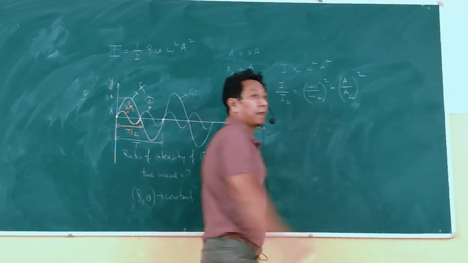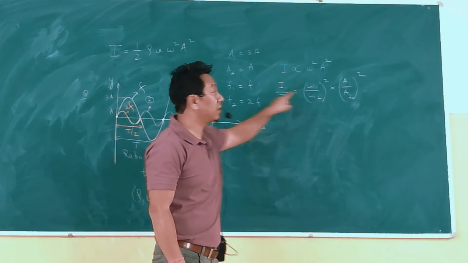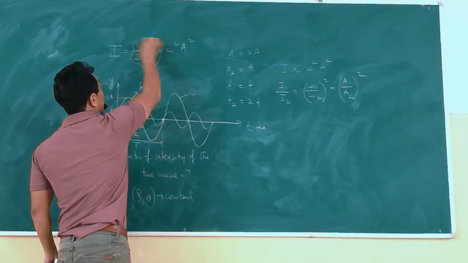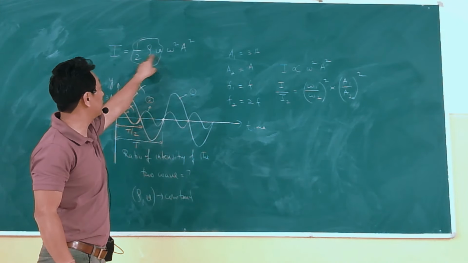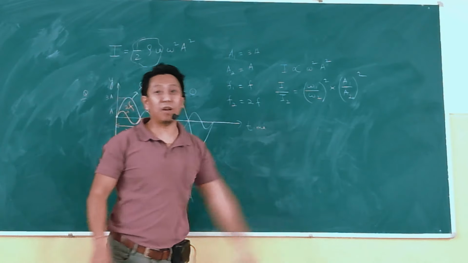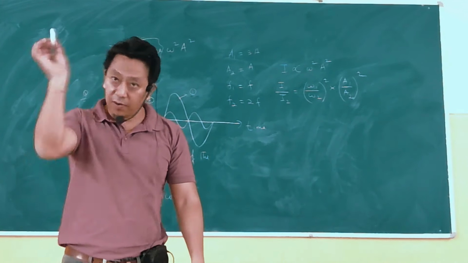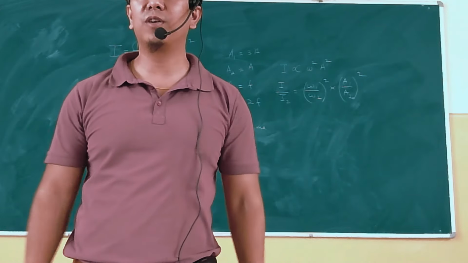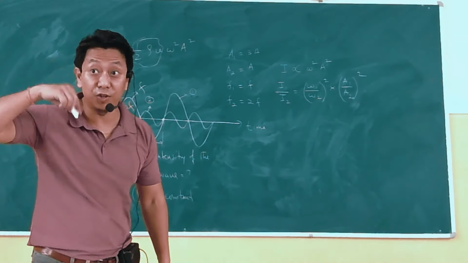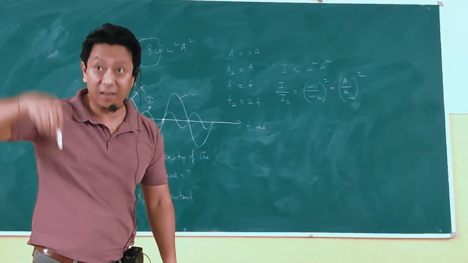Correct? Now tell me, when I wrote this, why did I not write the constants? Actually in the formula of intensity these three are also there. They will cancel if you write them, because they are constant. That's why we don't write constants in a ratio.